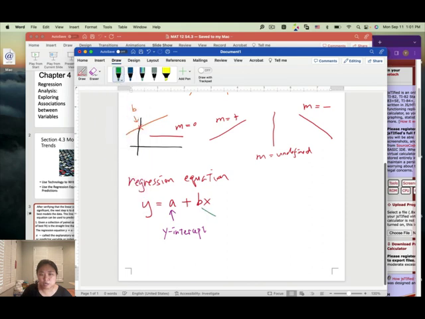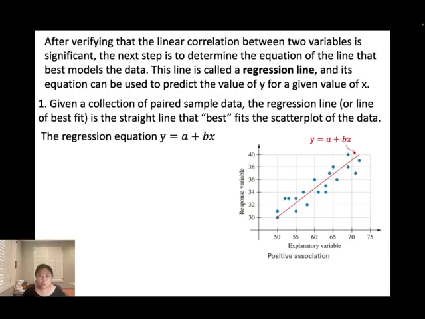And then the b here is equivalent to your slope, your m. This is the regression equation, y equal to a plus bx. One more time, a is the y-intercept, and b is the slope. So from this example, the slope should be increasing, so b should be a positive number.